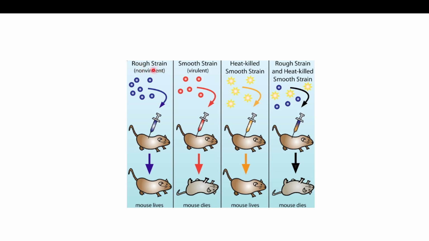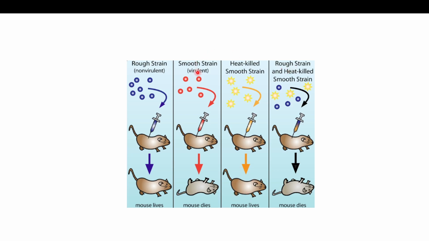The rough strain was non-virulent, but the smooth strain was virulent. When the rough strain cells were injected into mice, the mouse lived happily, and when the smooth strain was injected, the mouse died. But when the virulent smooth strain was heat killed and then injected into mice, the mouse lived happily.